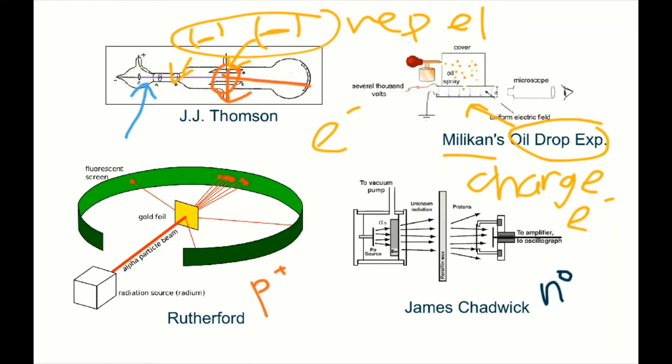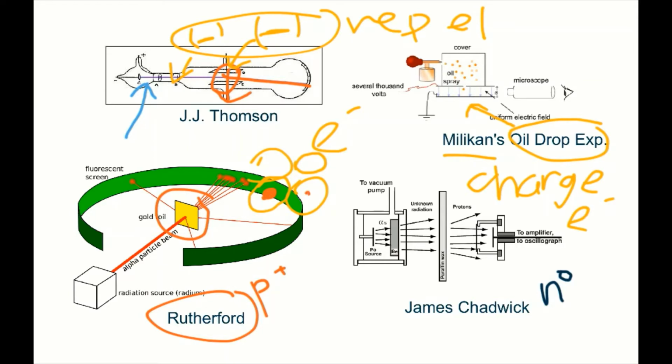Now protons were discovered by Rutherford when he shot positively charged alpha particles and saw that they were deflected by the gold foil. In other words, he knew that the gold was composed of gold atoms, and by shooting this positively charged ray and seeing it being deflected, he concluded that there must have been a positively charged particle in the atom, which we now know as the proton.